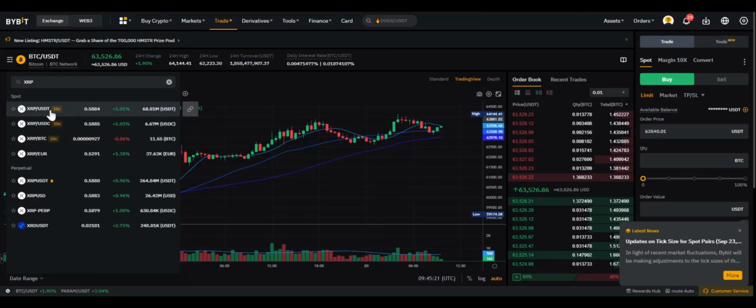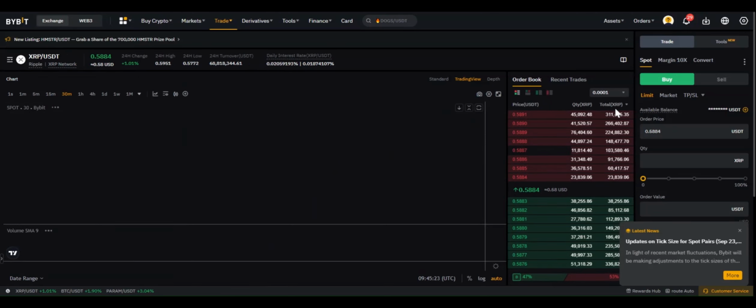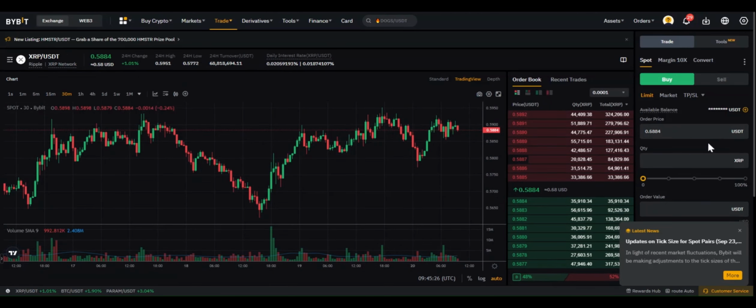So let's select Ripple USDT, and then we will just go here. The interface might be slightly different on mobile, that's on a smartphone or pad, but it's basically the same process, right? So let's say I wanted to buy 200 Ripple, right?